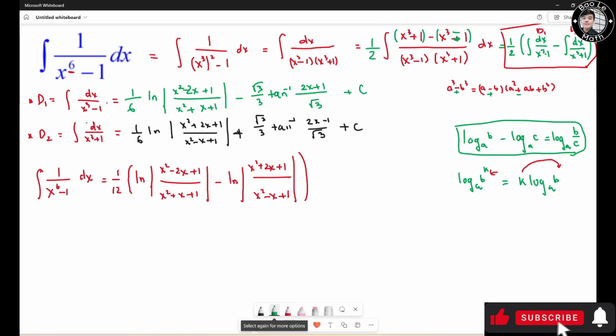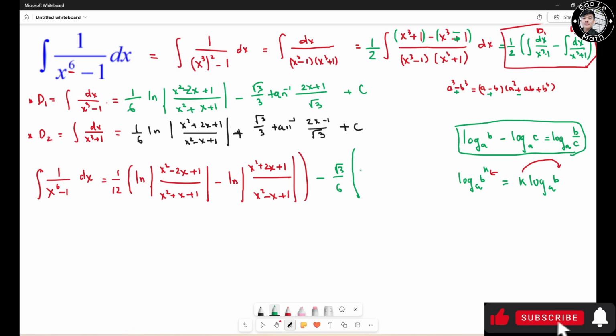Now next one, we have 1/2 multiplied by this one. It turns out to be root 3 over 6, right? So I'm going to factor root 3 over 6 out. Minus root 3 over 6, parenthesis.